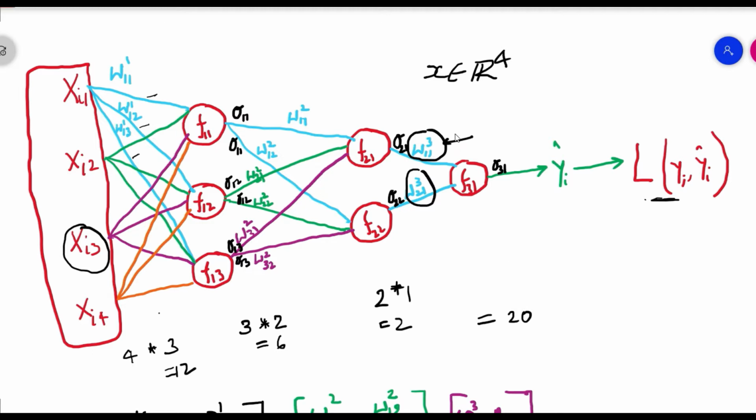Now, because this W311 impacts O31, that is the output coming out of activation function 31, which is our y cap, compared with the target value yi.